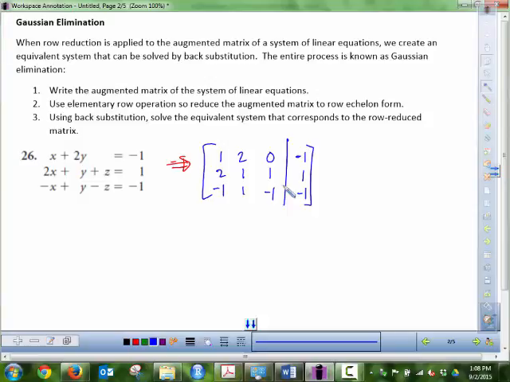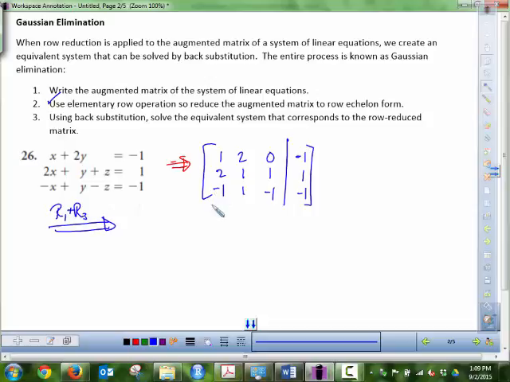Now you want this in row echelon form, so what you want to do is start creating zeros down here. And so let's do this as our first step. This is where we start doing our elementary row operations. I'm going to take row 1 and just not do anything with it, multiply it by 1 if you want to think about it that way, and add it to row 3.